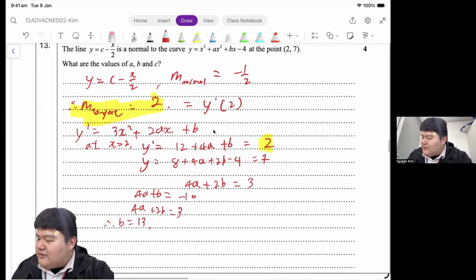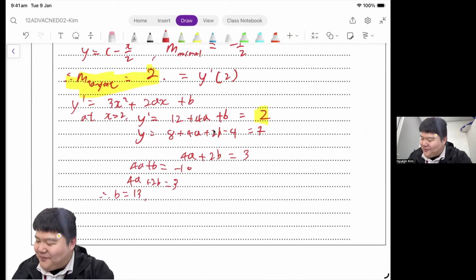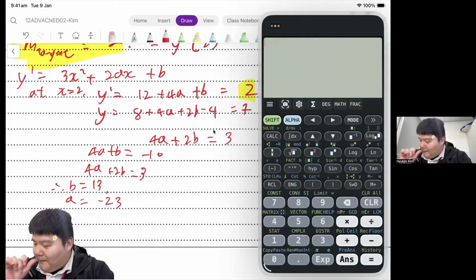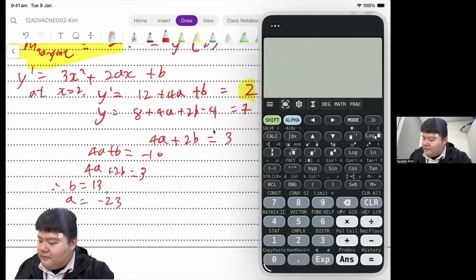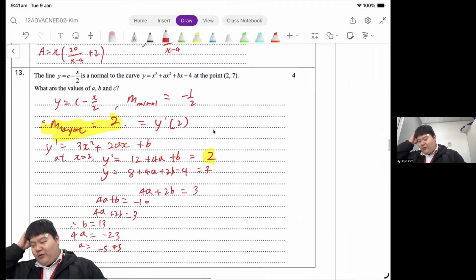And there was a c in this question? Oh, over there. Okay. Where did they get that from? a equals negative 23. Now I have all that.